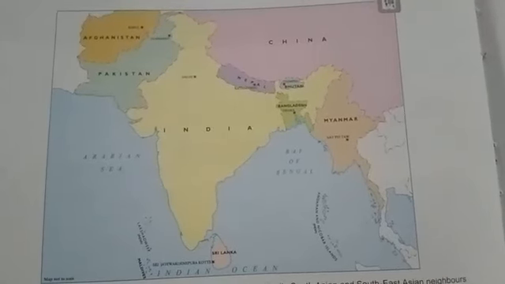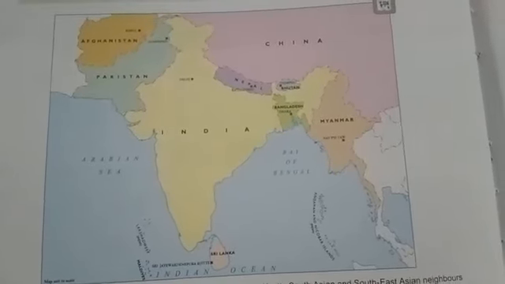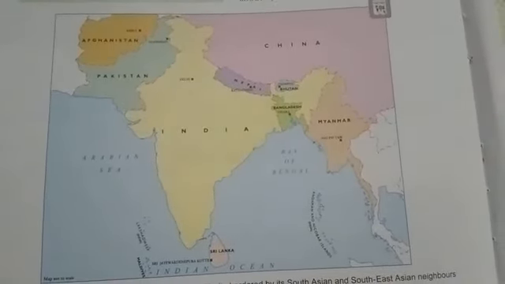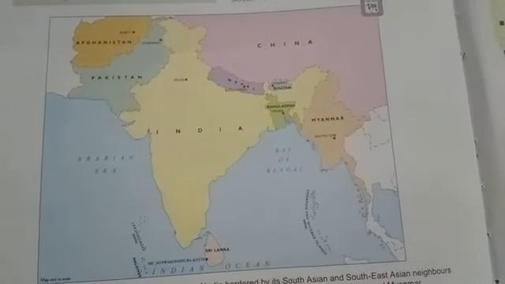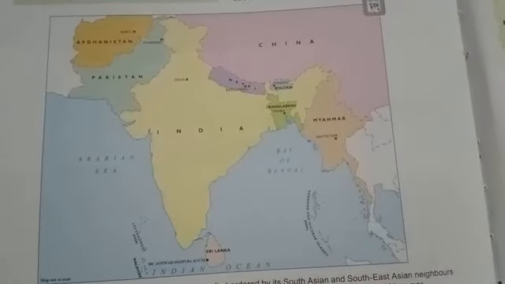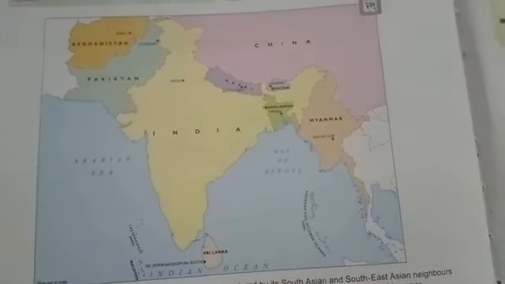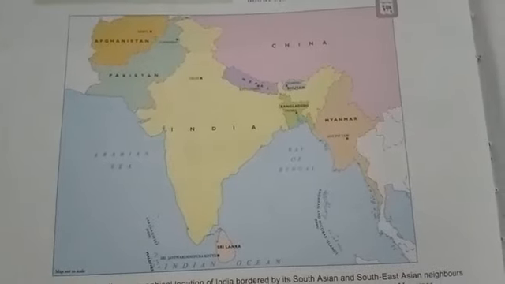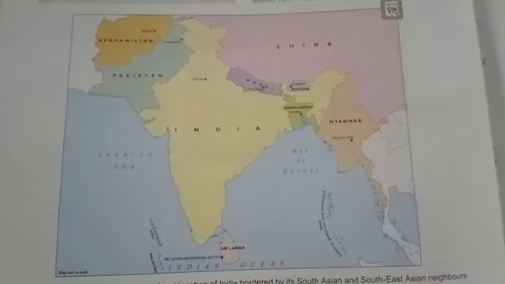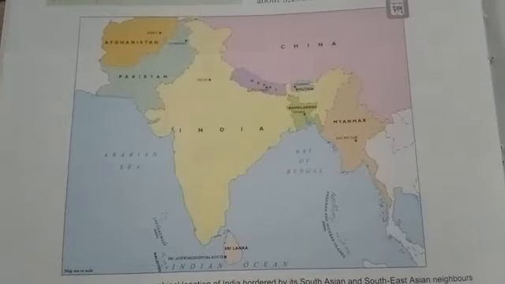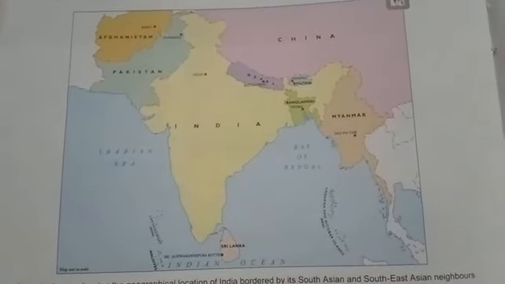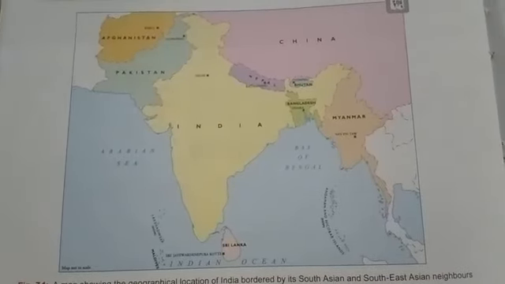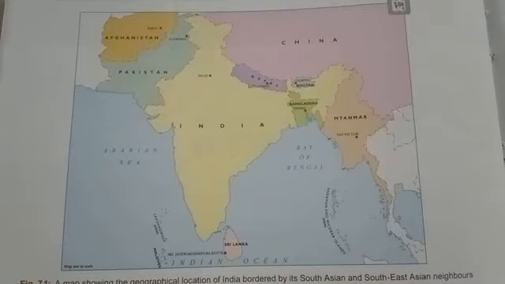Total population of India is 1.34 billion. Our India is the world's largest democracy and the second largest populous nation, as I told you. Though India accounts for only 2.4% of the world's surface area, it supports 16.9% of the world population.